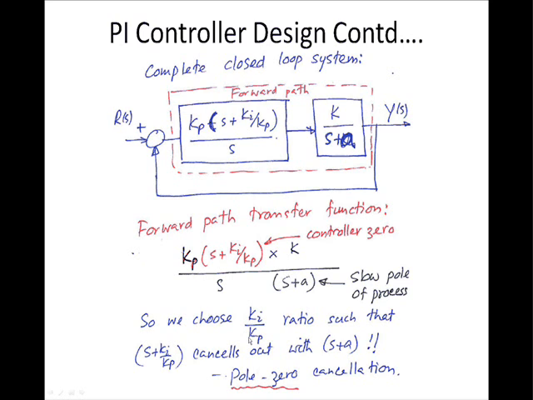This can very well be done because the ki and kp values must be designed or determined by the control engineer. So he has the freedom to decide what ki is and what kp is.